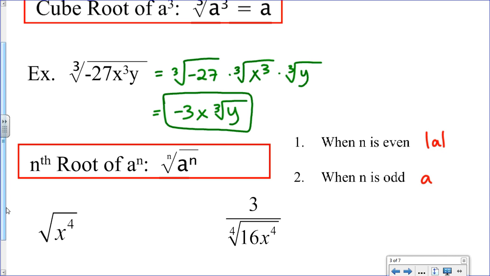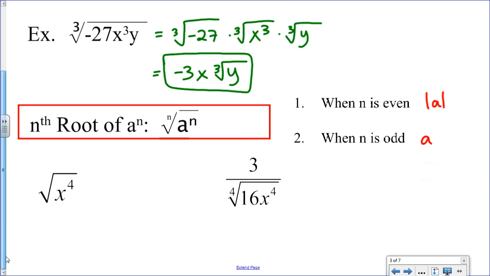All right, so let's look at this example. So I'm doing the square root. Remember, if there's not a number here, it's assumed that it's a square root, there's a 2. So the square root of x to the 4th. So what times itself is x to the 4th? X squared.